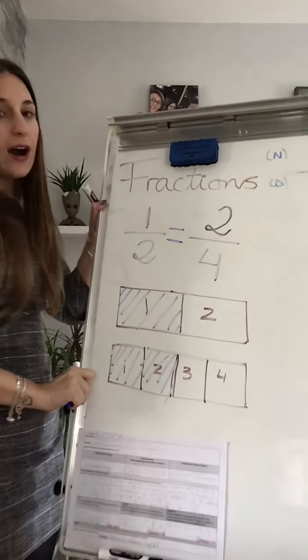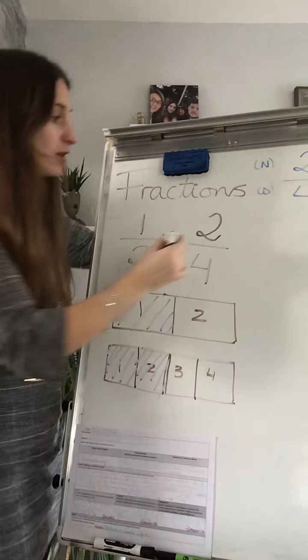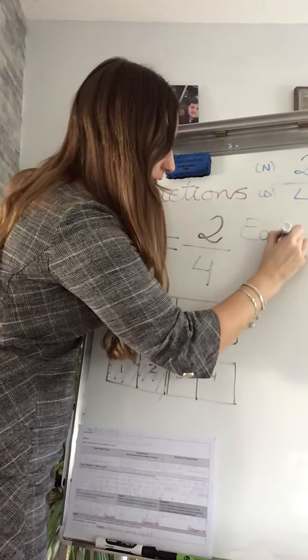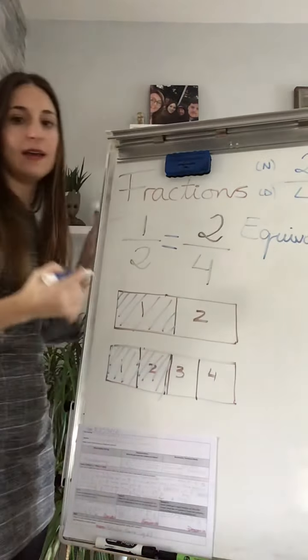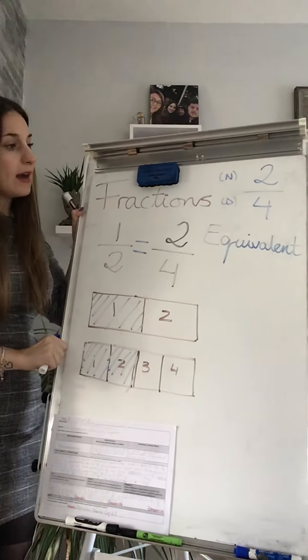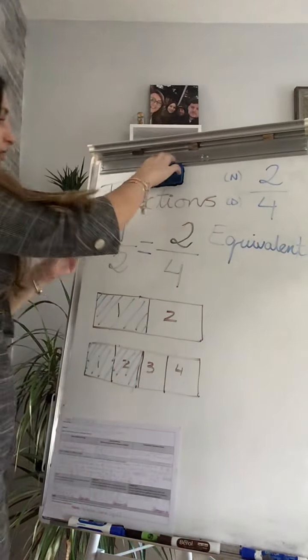So today we are going to be looking at these kinds of fractions, which are called equivalent fractions, okay? That they equal the same. So they are the same amount. So let's try to get it.